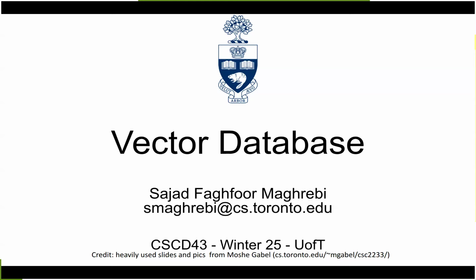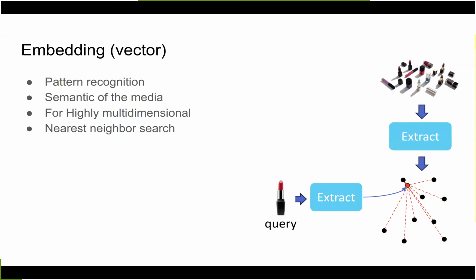So you convert that image to a vector, to an embedding of the image, and in a way you try to recognize the patterns in the image and just store that specific vector inside the database. If you're storing vectors in a database, it's a vector database, basically. As I said, in vector databases we are storing embeddings. It's useful for pattern recognition.